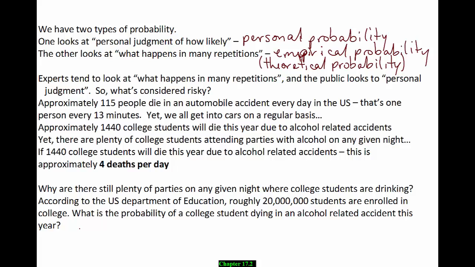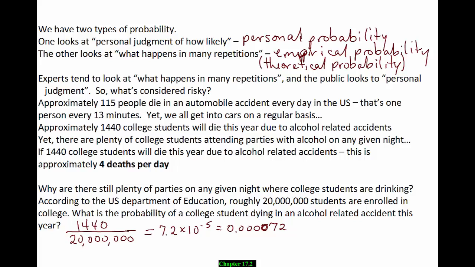Well, there are approximately 1,440 that die each year, divided by approximately the 20 million who are enrolled in school, and that comes out to be 7.2 times 10 to the negative fifth, which is 4 zeros in front of the 7.2. So a really tiny, tiny, tiny chance.